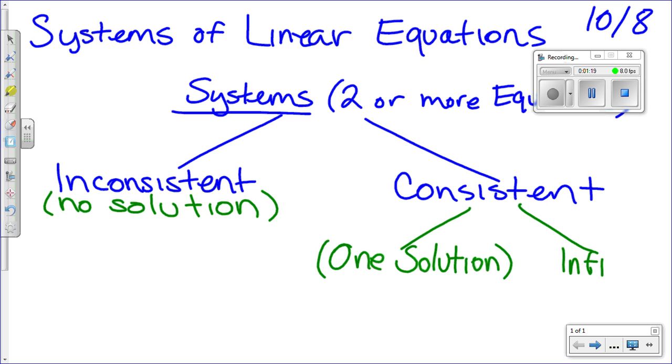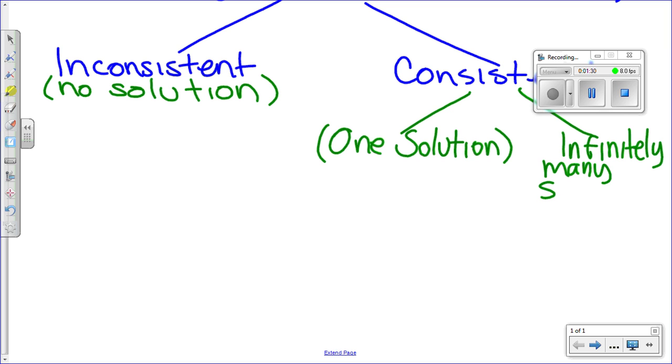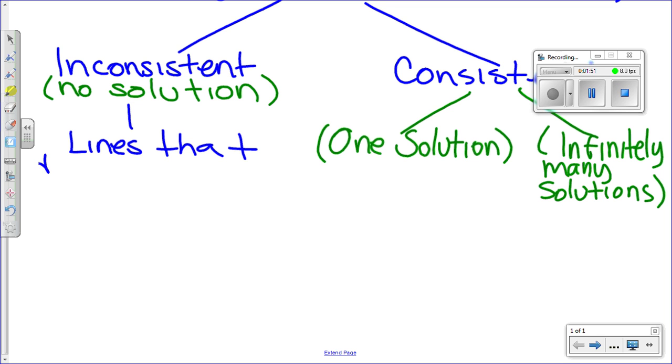So we're going to say infinitely many solutions. Now, graphically, inconsistent systems, they are lines that do not intersect.